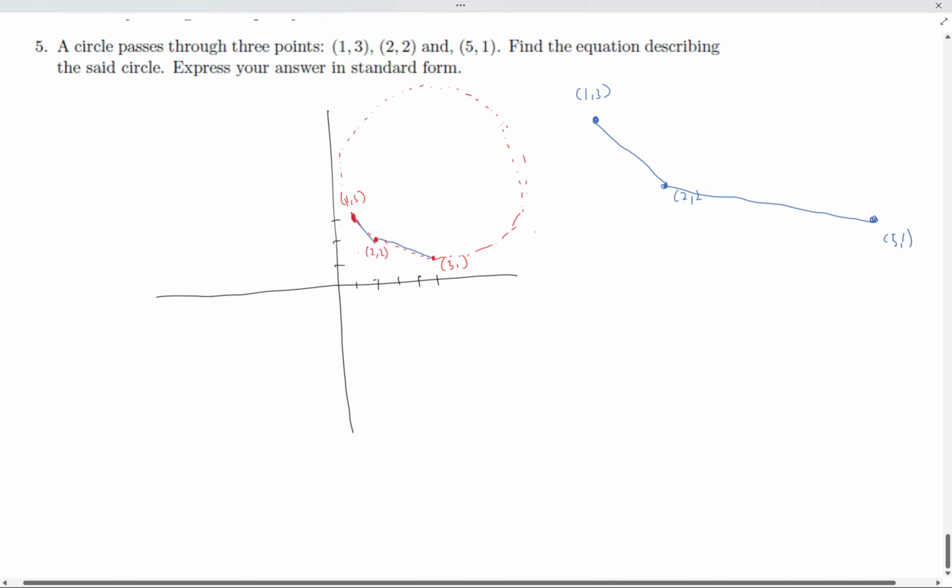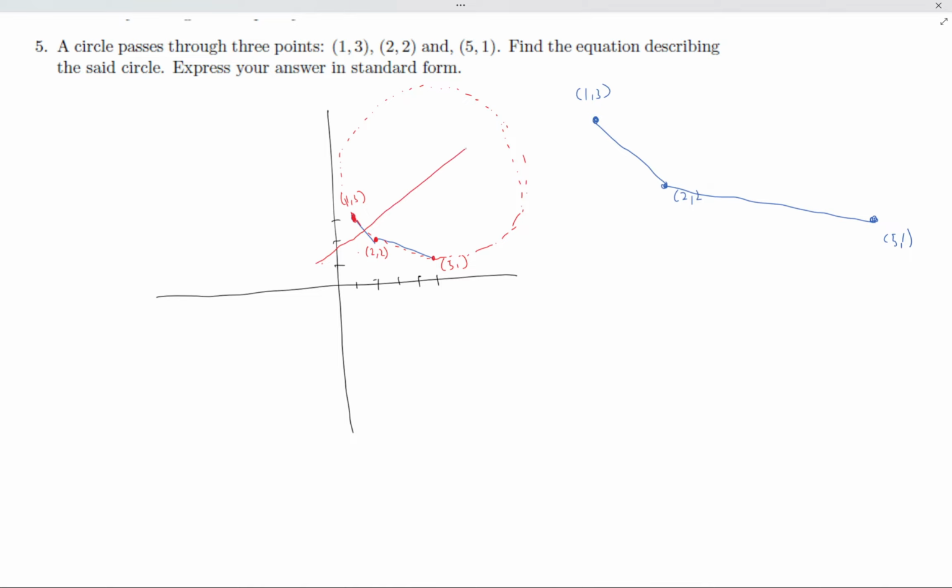Now, according to the properties of chords, the perpendicular bisector of chords must contain the center of our circle. So if this is the perpendicular bisector for the first chord, and the other chord has this perpendicular bisector, again, these are lines, not line segments, meaning they don't have endpoints right there.